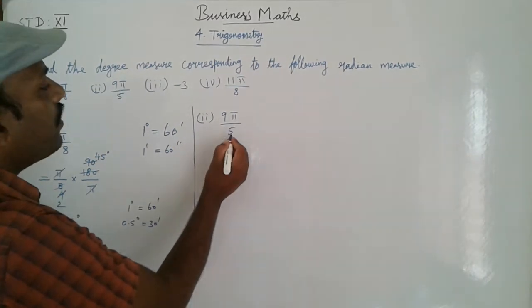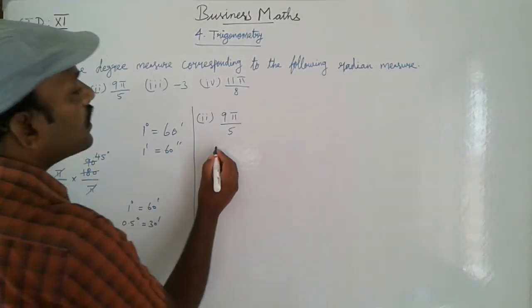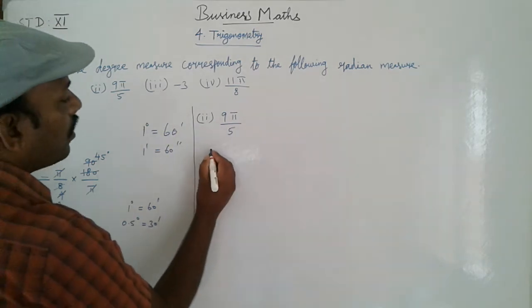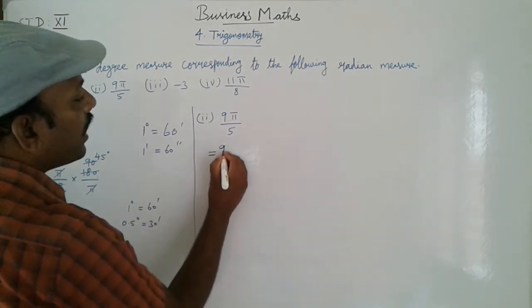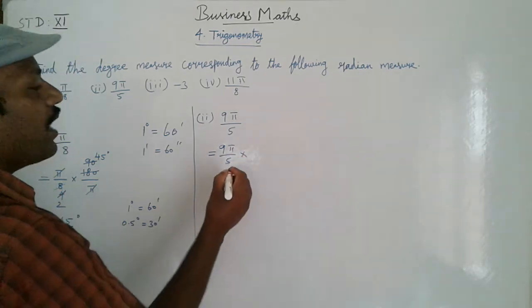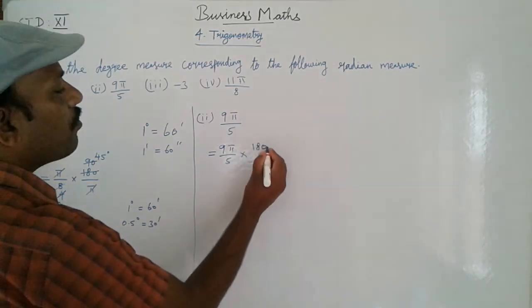Next, 9 pi divided by 5. We should change it to degree. So 9 pi divided by 5 into 180 divided by pi.